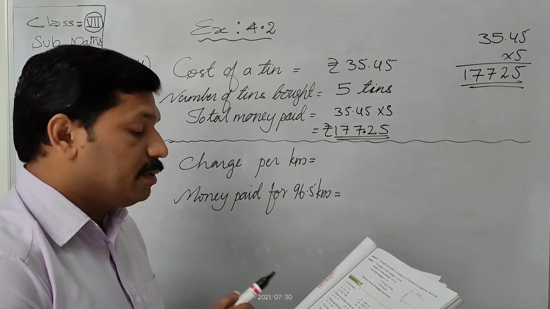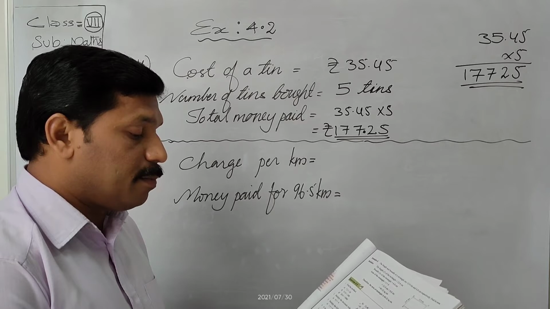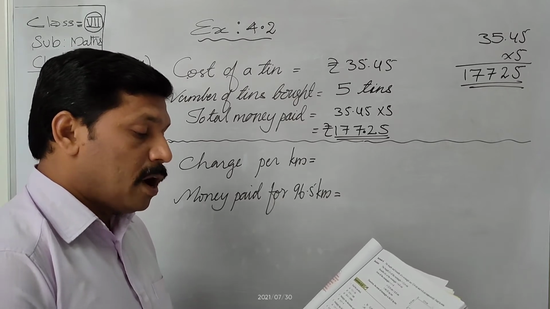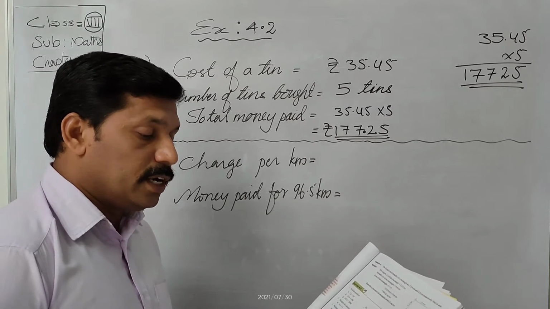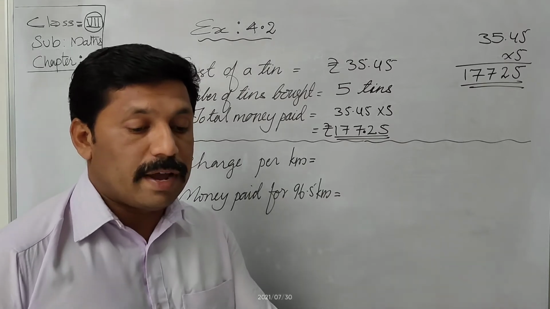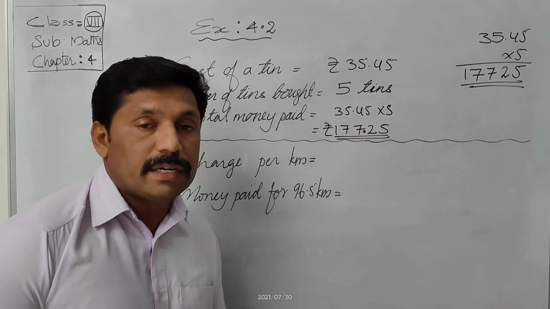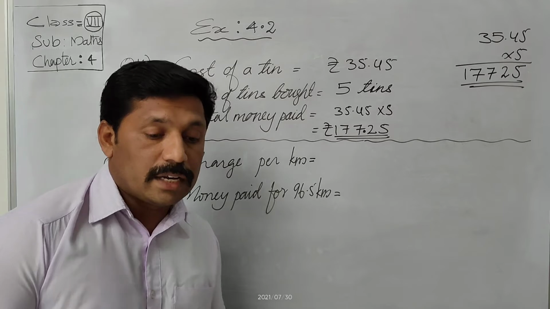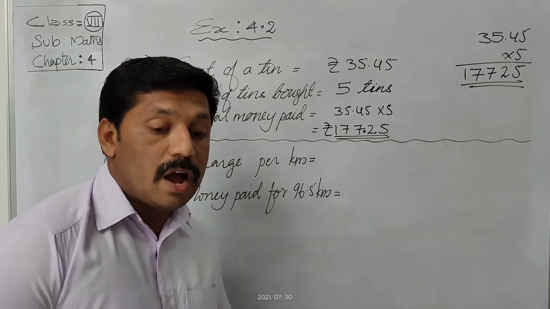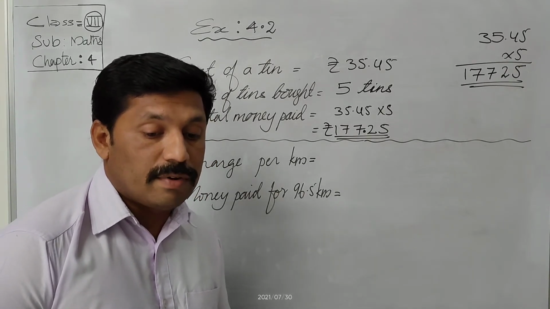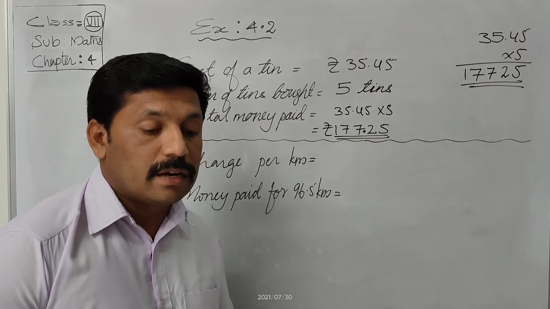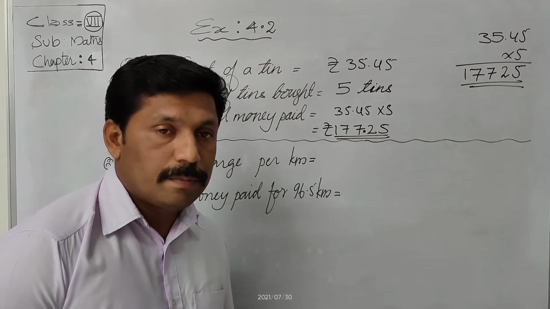And the 7th question: A taxi driver charges 10.25 rupees per kilometer. How much will he charge for a journey of 96.5 kilometers? So the charge for 1 kilometer is given, and the total kilometers he traveled is also given. Then what are the charges to be paid?